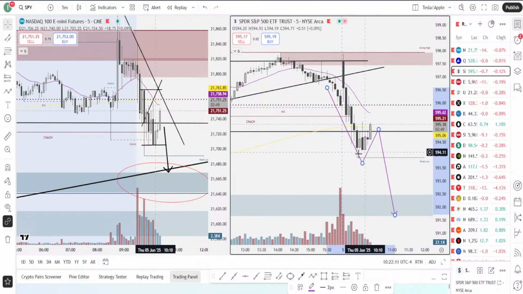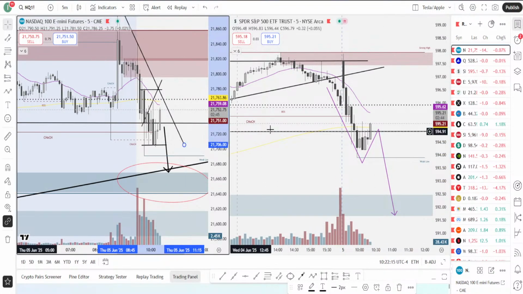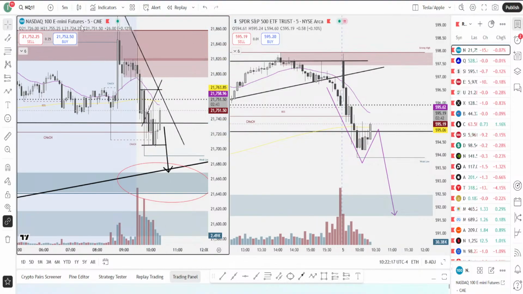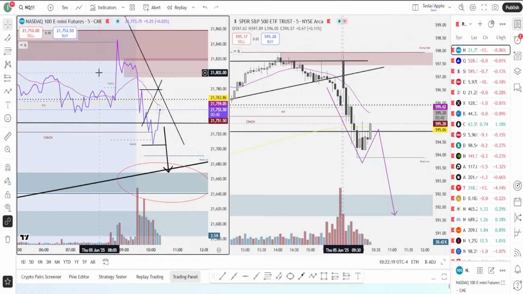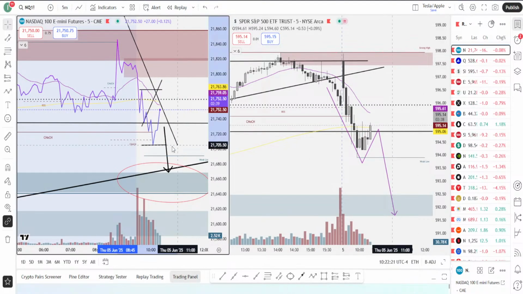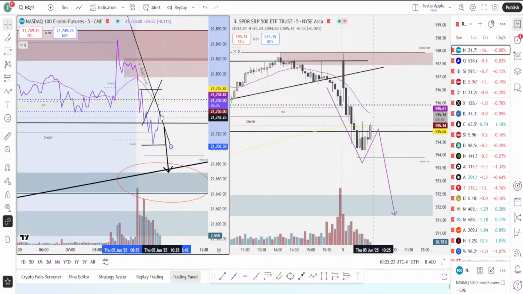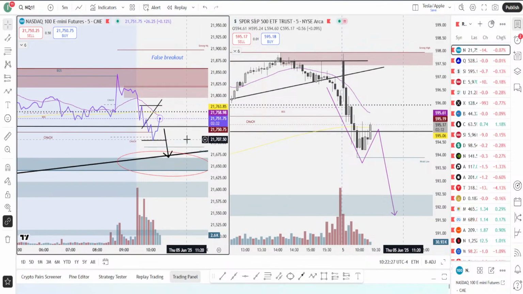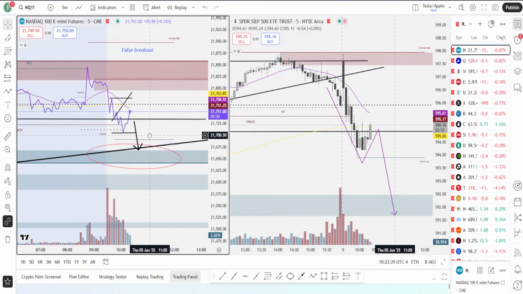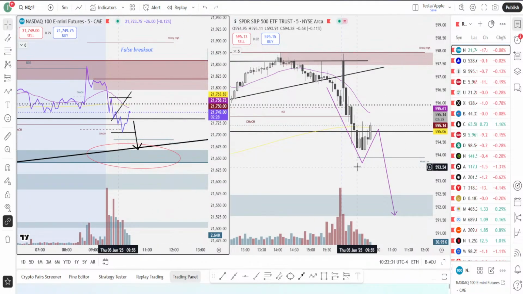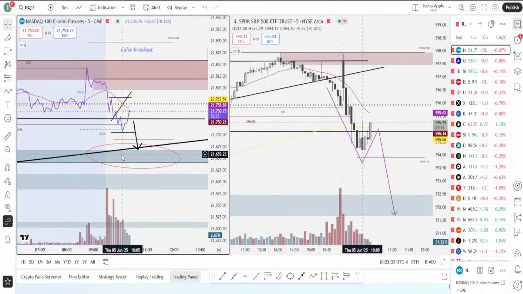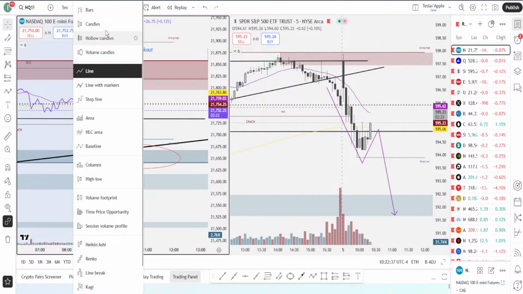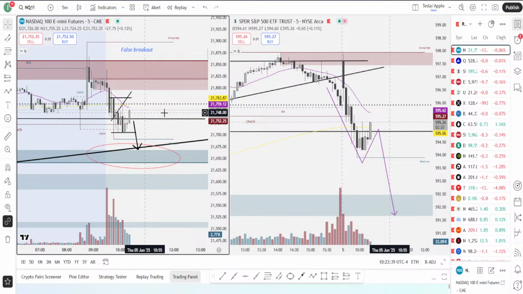Stay patient. Let's see what the structure says. Okay. Yeah, we're looking good. So long as we stay below that 21, we are good.